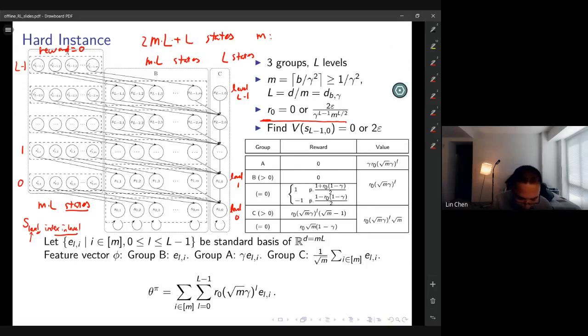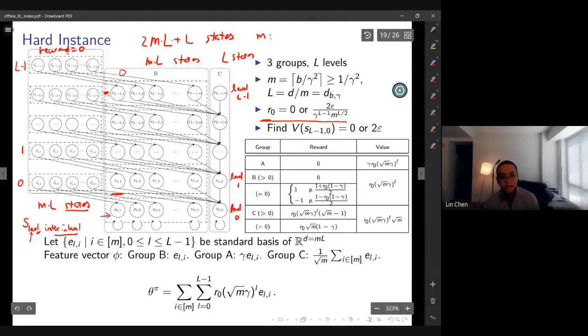Okay, and the reward in group A is 0, and for states in group B, they have reward 0 if the level is greater than or equal to 1. So in group B, from here to here, they all have reward 0. But on level 0, it has a non-zero reward.